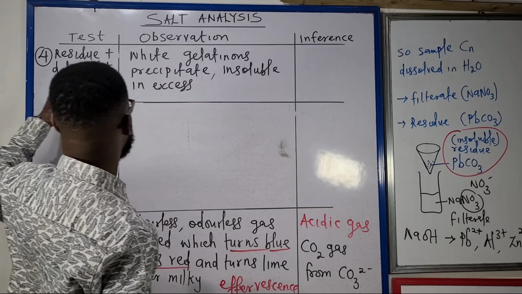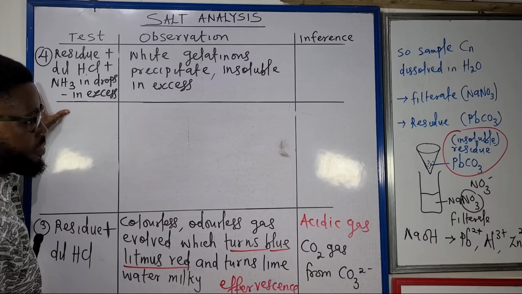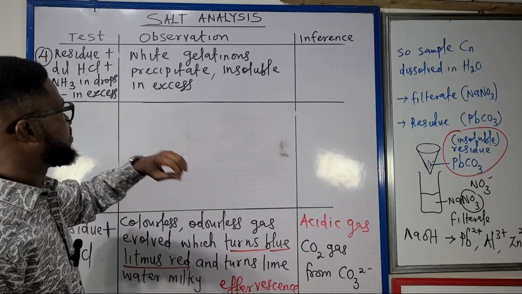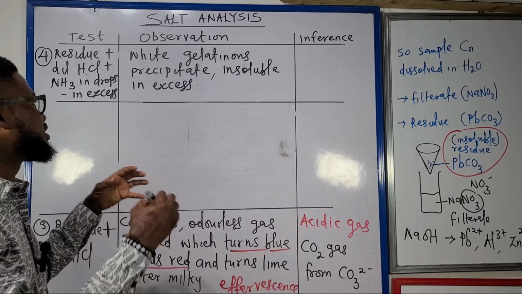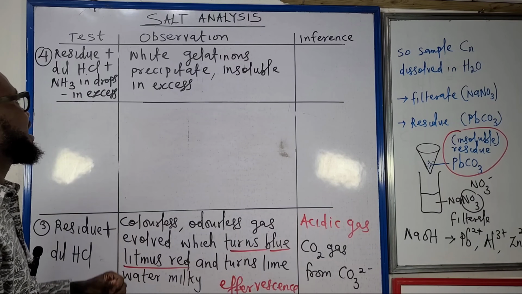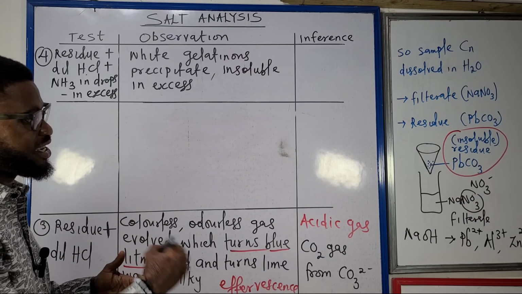But in the case of ammonia, for zinc, the precipitate is going to be soluble. The precipitate will dissolve in excess ammonia. So in this case, zinc is off.